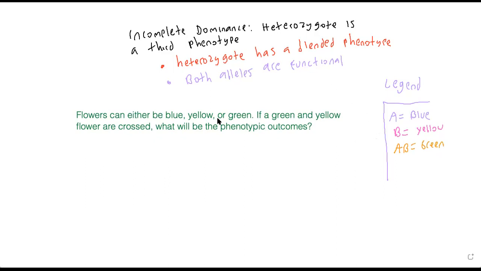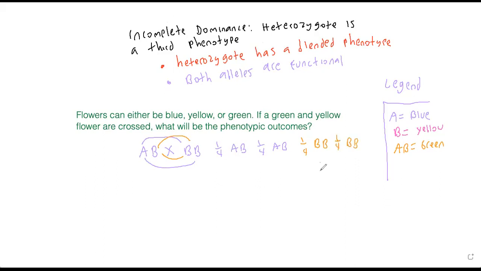So if we cross a green flower, which will be big A, big B, times a yellow flower, big B, and we do FOIL, we'd have first 25% chance green, outer, 25% chance green, inner, 25% chance yellow, and last, 25% chance yellow.